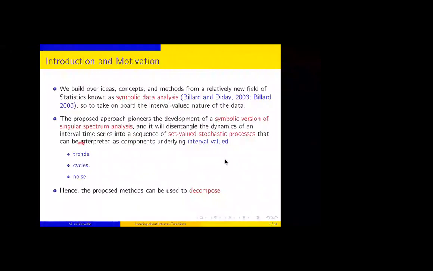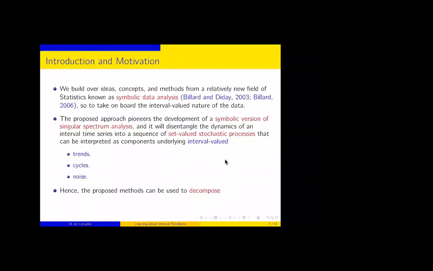So think about the following. As I mentioned earlier, if we think about trends and cycles as part of our signal, essentially now what we have is that rather than having just a time series as before, now we'll start to get things that would have a certain dynamic over time, but that dynamic would itself be an interval.